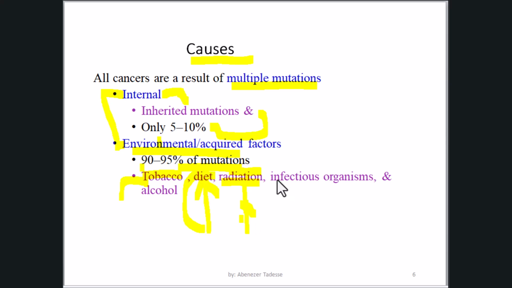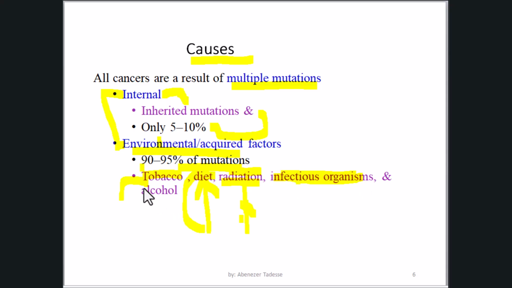The other one is infectious organisms, especially human papilloma virus, which can result in cervical cancer, as well as H. pylori, which can result in gastrointestinal cancers.